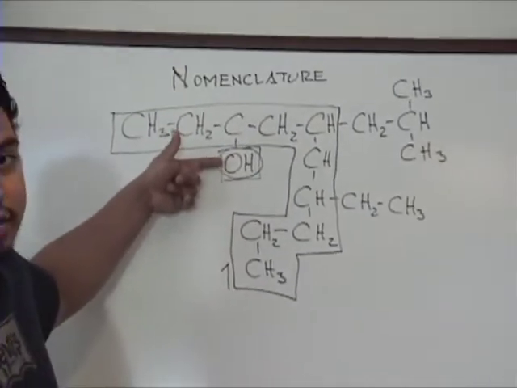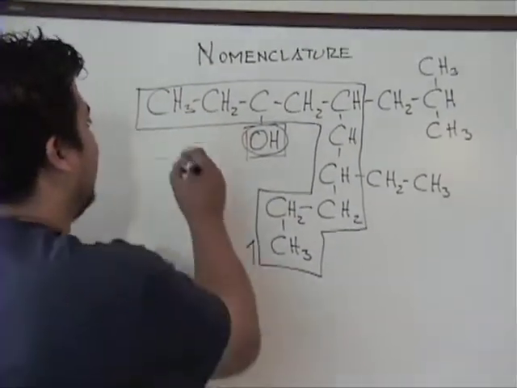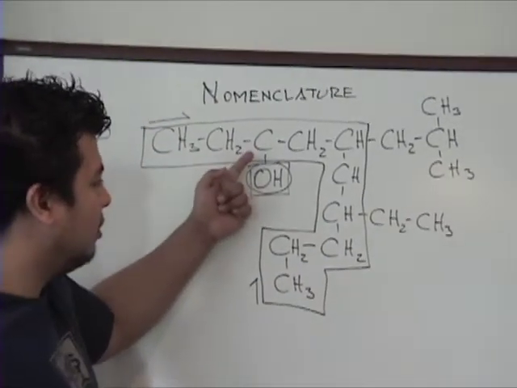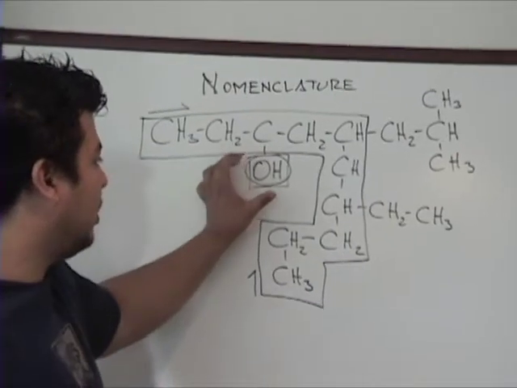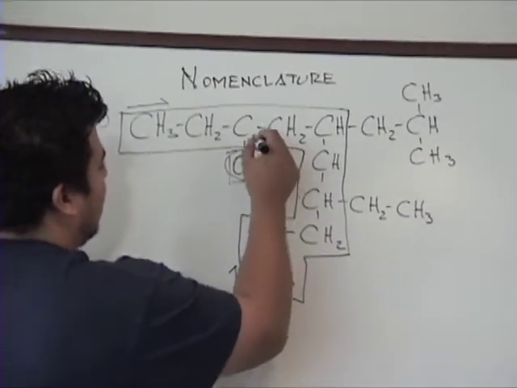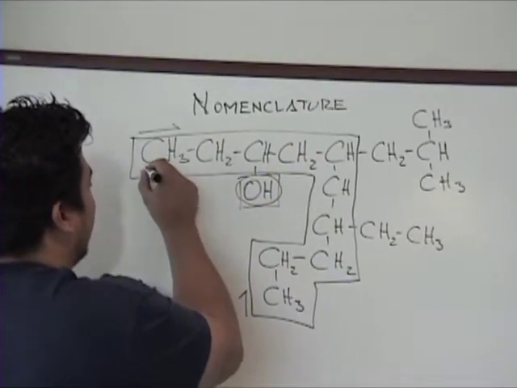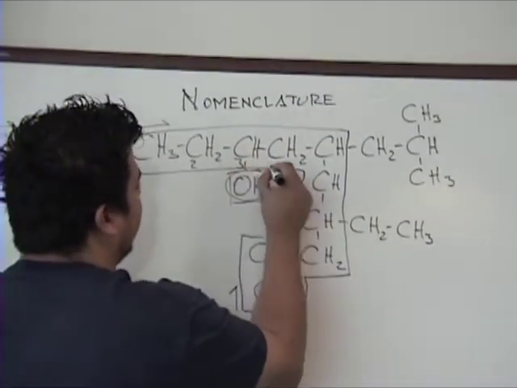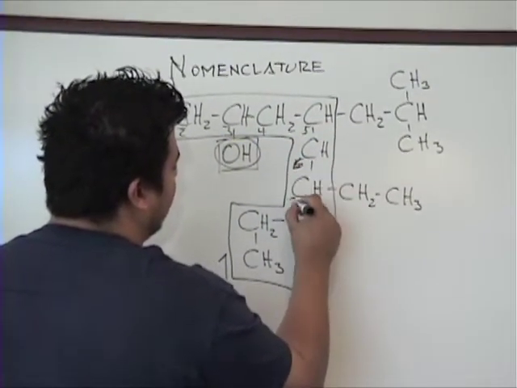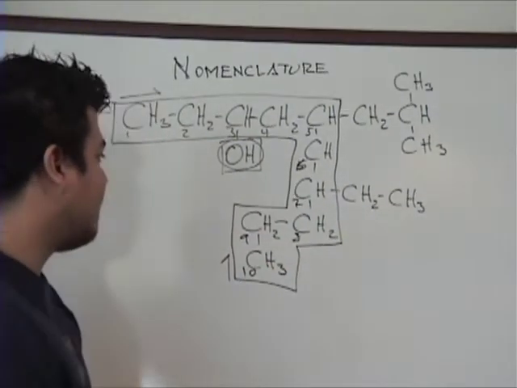No, the hydroxyl group is going to be on carbon 8. If we start from here, then it's going to be 1, 2, 3. And that's what we want. We want the hydroxyl in the lowest possible number. I am missing a hydrogen here. So I'm going to start counting 1, 2, 3, 4, 5, 6, 7, 8, 9, 10.